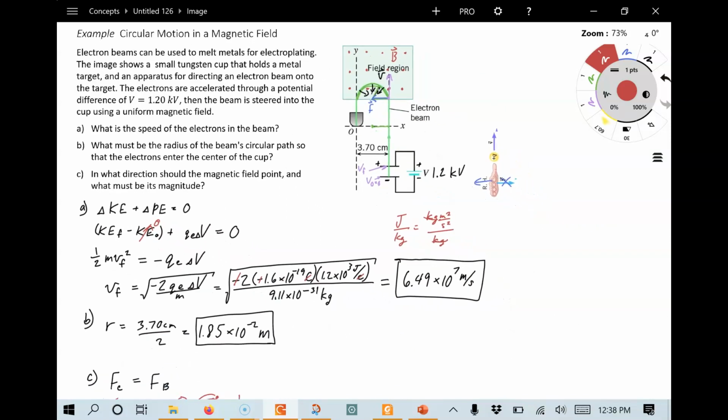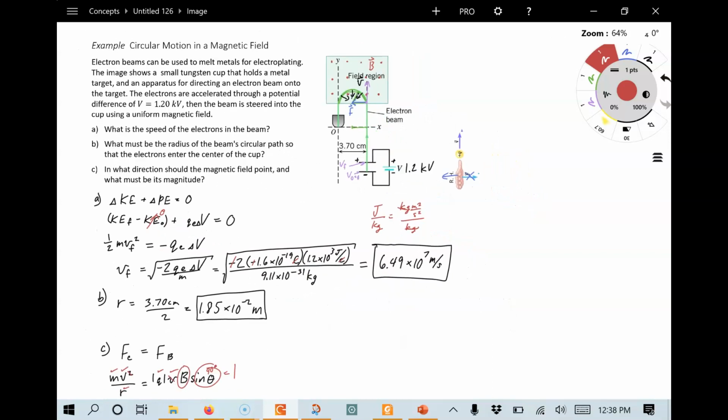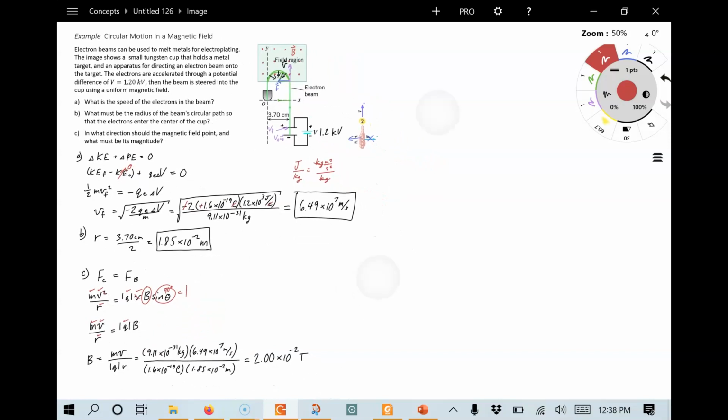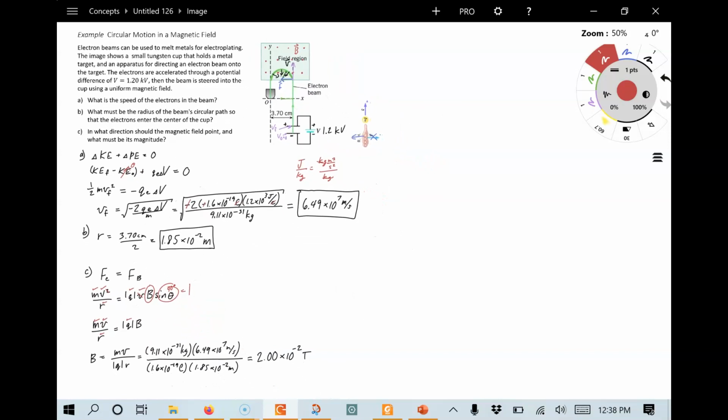And so that pretty much wraps us up for this problem. You've got a similar one in your homework, or a couple of them that have to do with mass spectrometry, and this is the same idea. So just to finish this one up, the magnetic field has a magnitude there, and it's pointed out of the page.